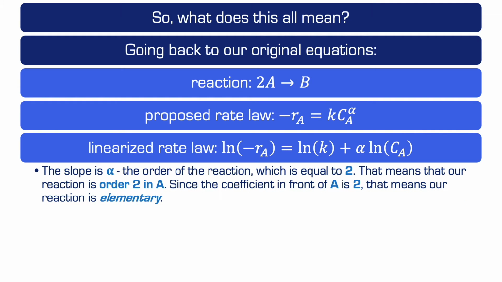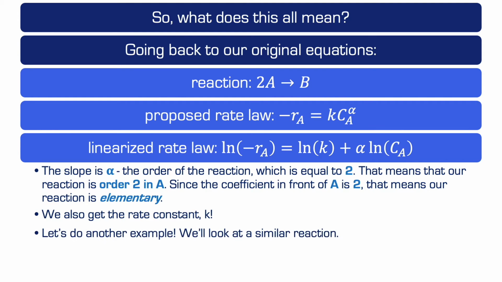The slope is alpha, the order of the reaction, which is equal to 2. That means that our reaction is order 2 in A. Since the coefficient in front of A is 2, that means our reaction is elementary. We also get the rate constant, k.